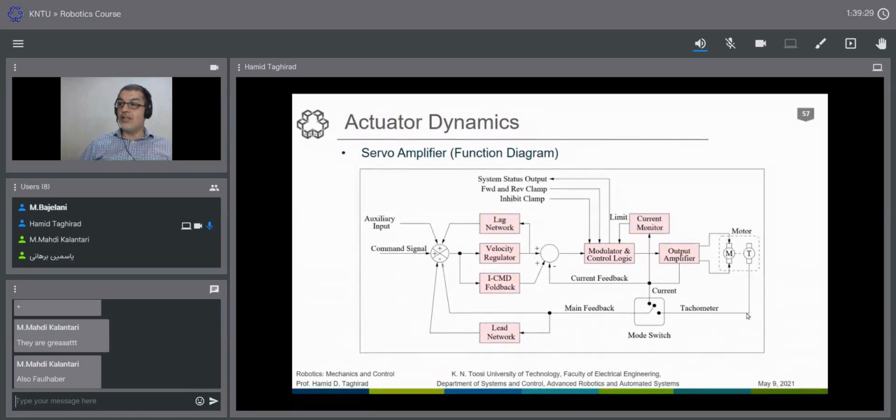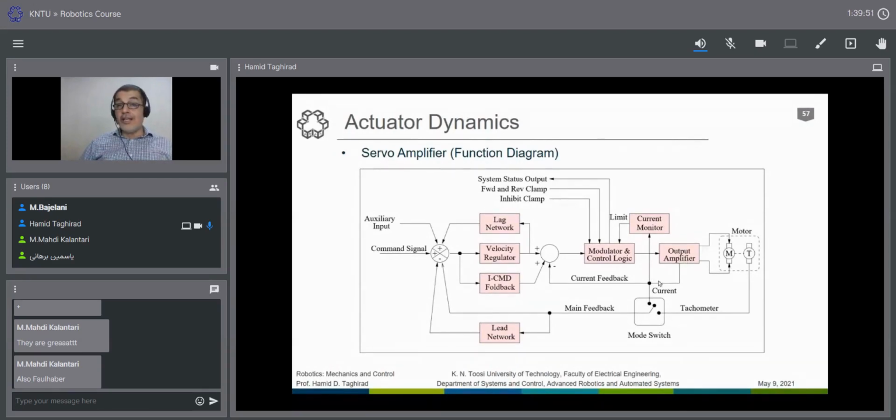One of the feedbacks is the velocity. The other one is the current of the motor. The current can be very simply fed back by using an accurate resistance at the output current to the motor to find what is the current of the system.